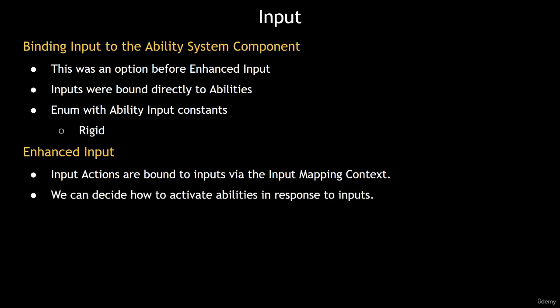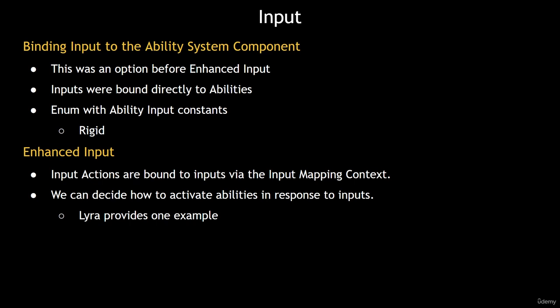Now, we can decide how to activate abilities in response to these inputs, and we can do this any way we'd like. Lyra, the multiplayer shooter example project provided by Epic Games, provides us with one example of linking up enhanced input with the gameplay ability system abilities of that project, and it's a little bit over-engineered.